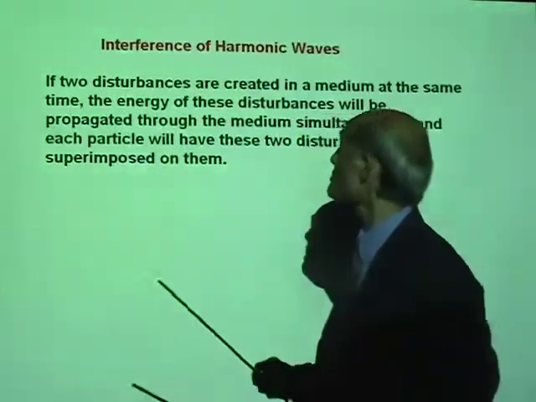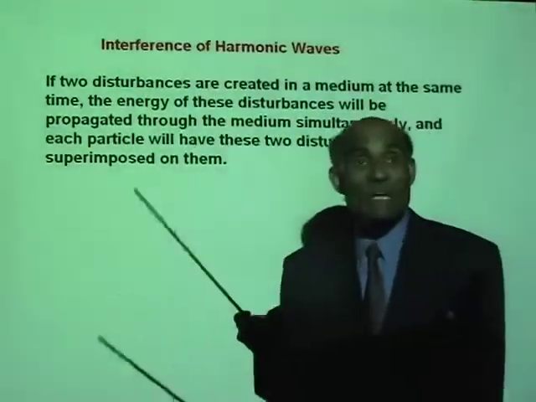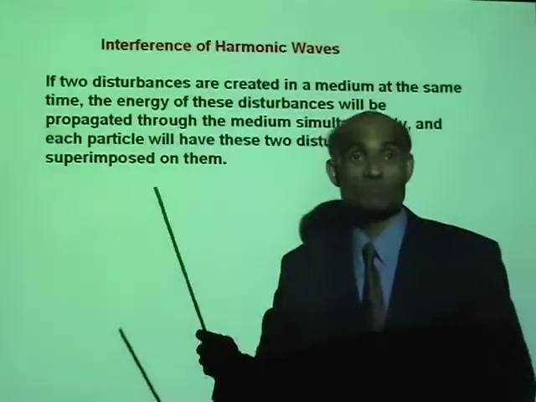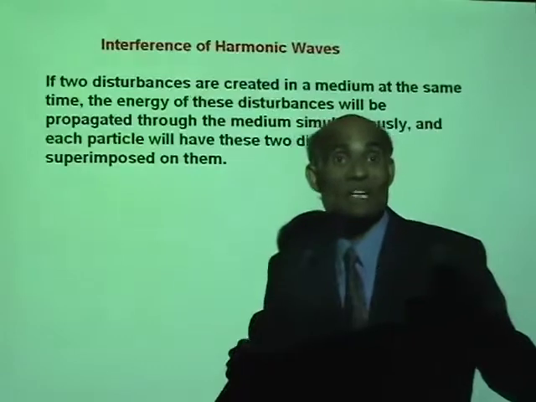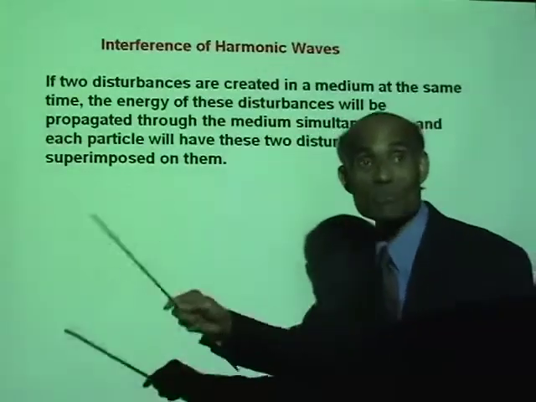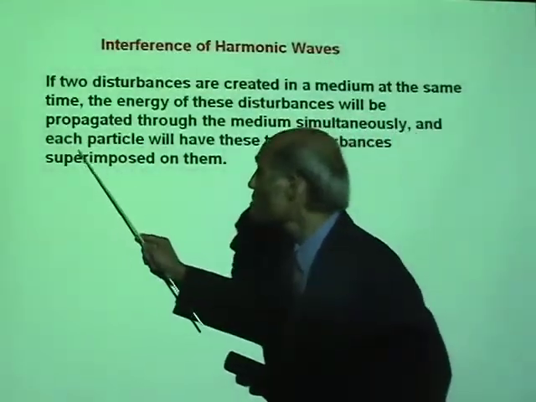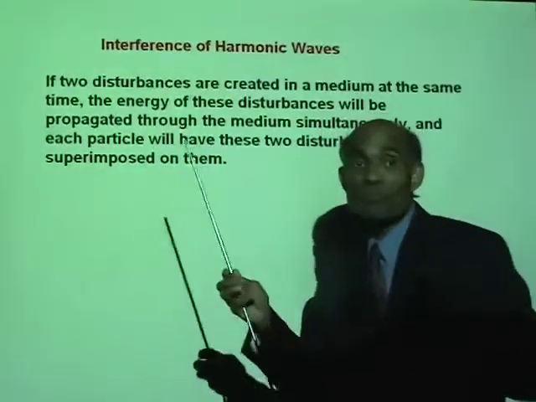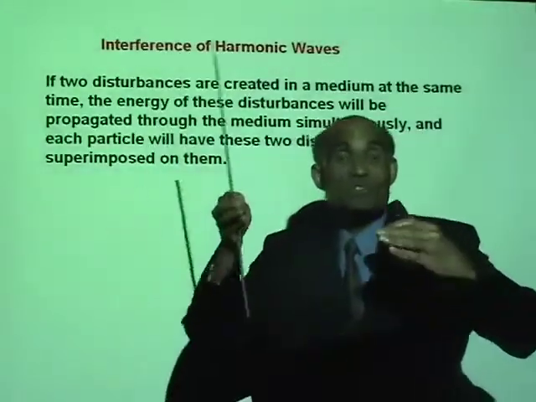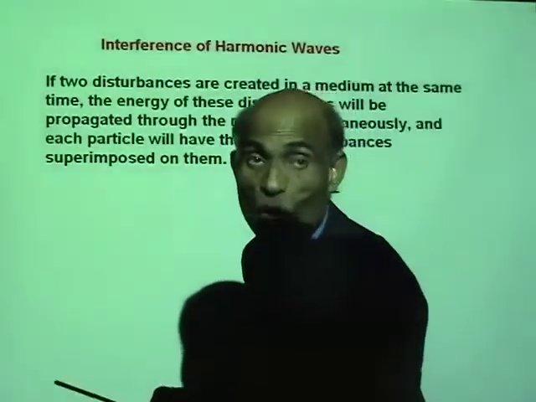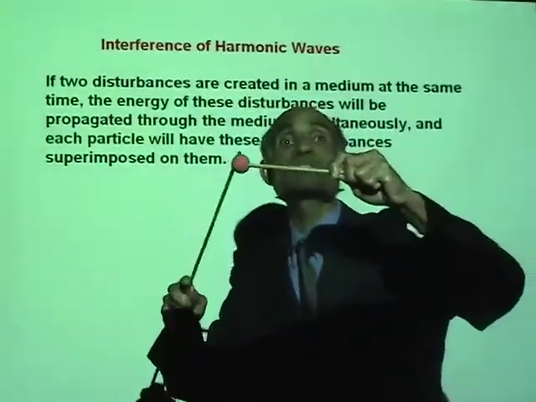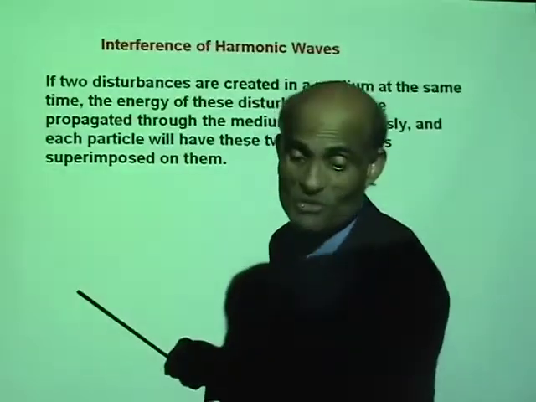If two disturbances are created in a medium at the same time, the energy of these disturbances will be propagated through the medium simultaneously. That means each particle will have these two disturbances superimposed on it. You see that? Each particle in the medium will now be subjected to both these disturbances.